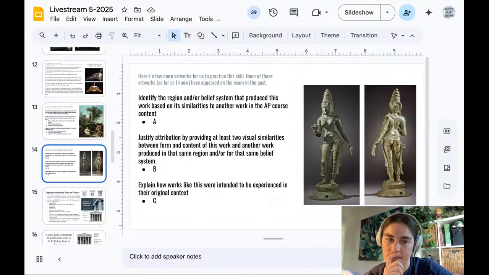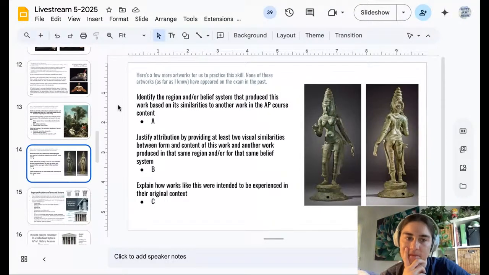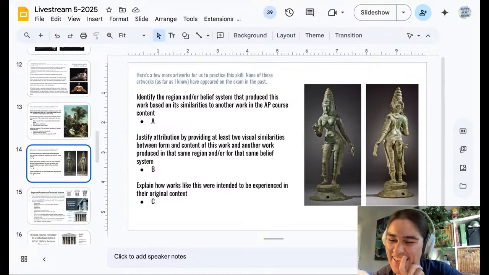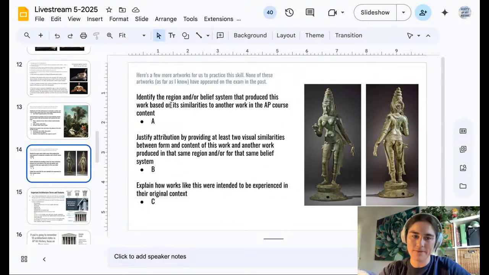All right. Now we're going to be moving on to an identification question. So, can we identify the region and or belief system that produced this artwork based on its similarities to another work in the AP course content? Not quite. Yes, so this artwork is actually very similar to Shiva as Lord of Dance, right?